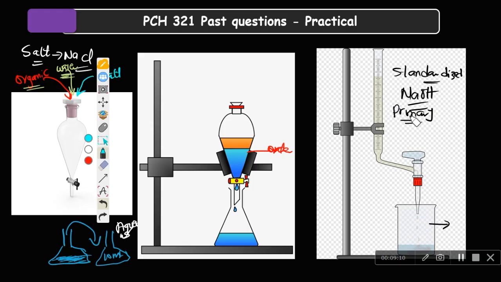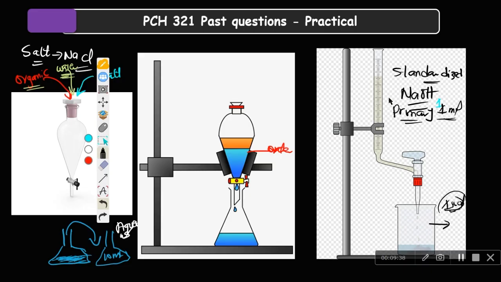The higher the amount in the organic phase, the higher the amount of sodium hydroxide that will be required for the titration. Why? Because 1 mole of this reacts with 1 mole of this. So if the number of moles here is very high, you will need more volume, or more moles, of this to react with it.